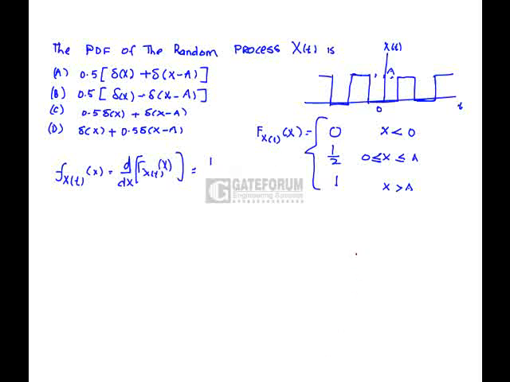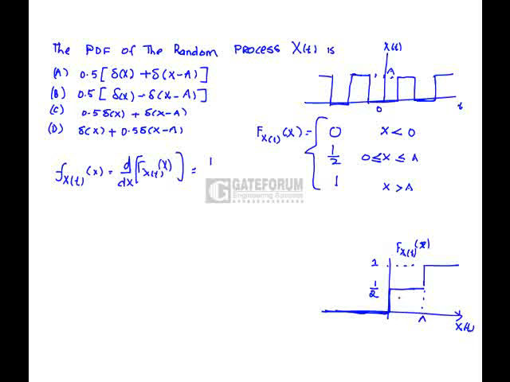So if we plot the distribution function, there are a few discontinuities. One discontinuity is at x equals 0, whose size is half, and at a, one more discontinuity whose size is half and attains a probability of 1.